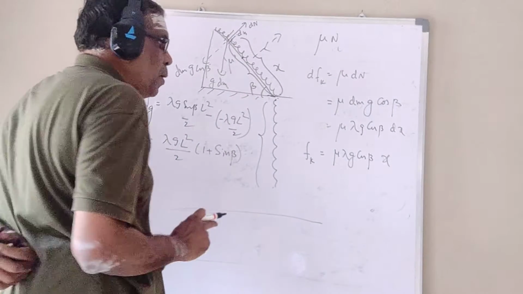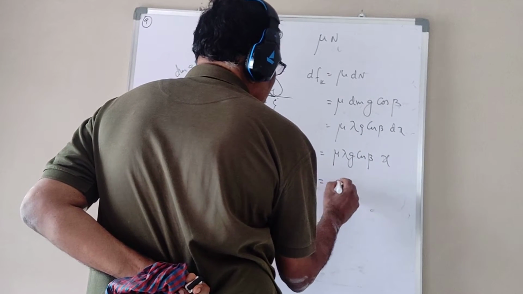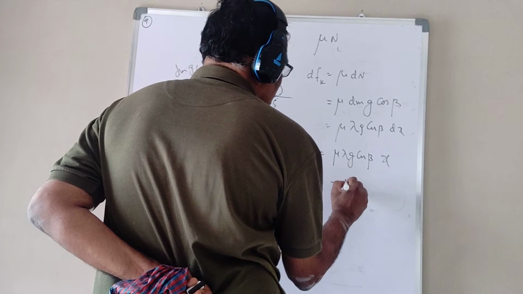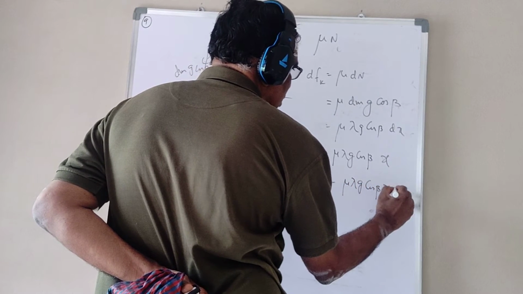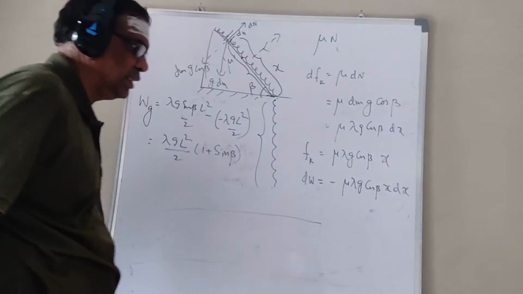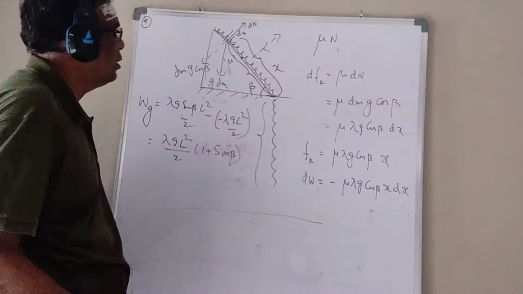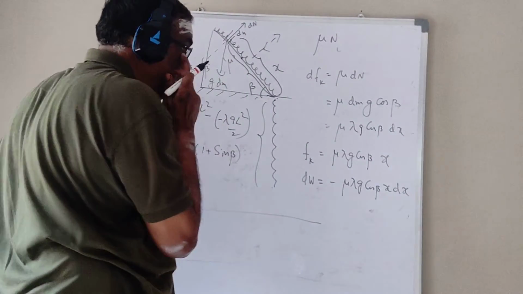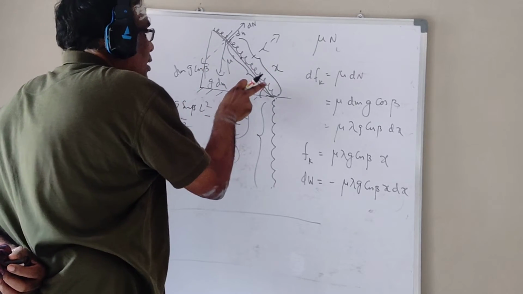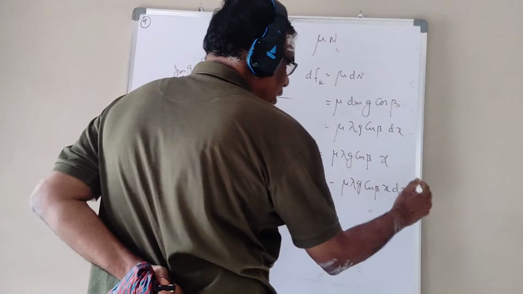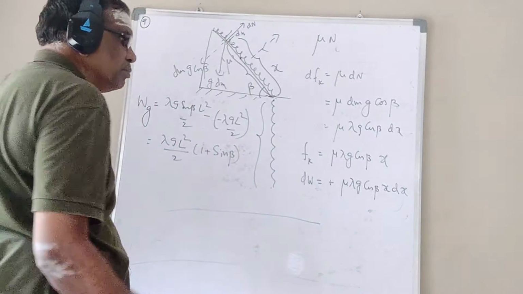You get the point? Both are opposite. So the work done is minus mu lambda g cos beta x dx. But I told you the other day, x is decreasing, therefore dx is negative. So you will get this as positive.